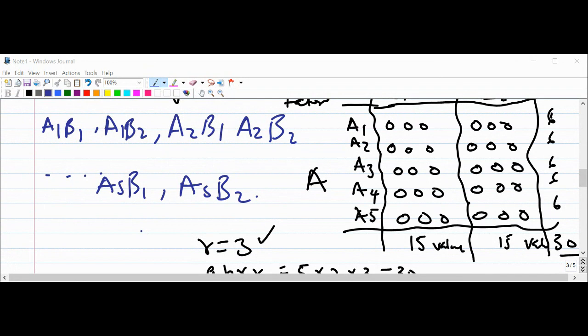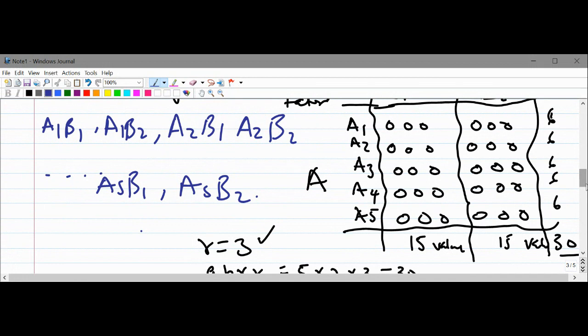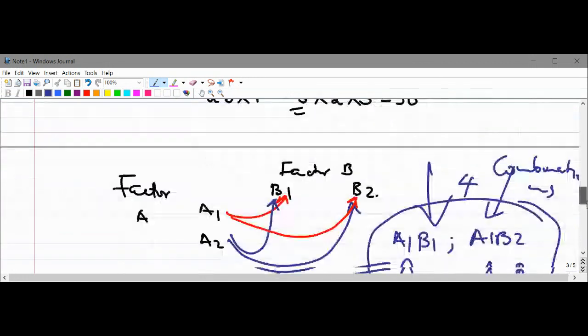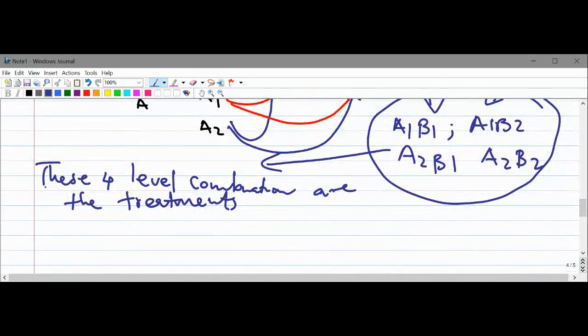So the 10 level combinations are the treatments. So now don't be surprised when we see our ANOVA table with the part where you have to test for the treatments. That's where it is coming from.